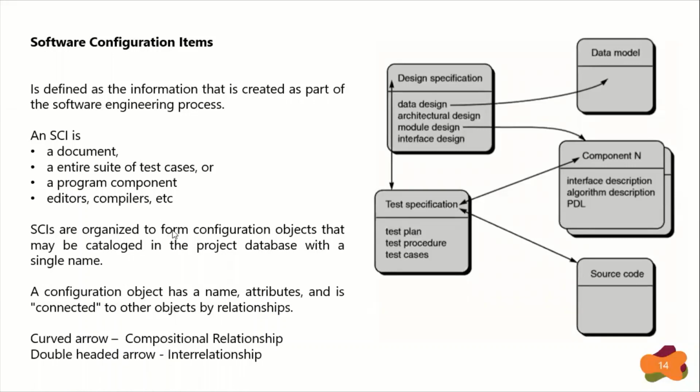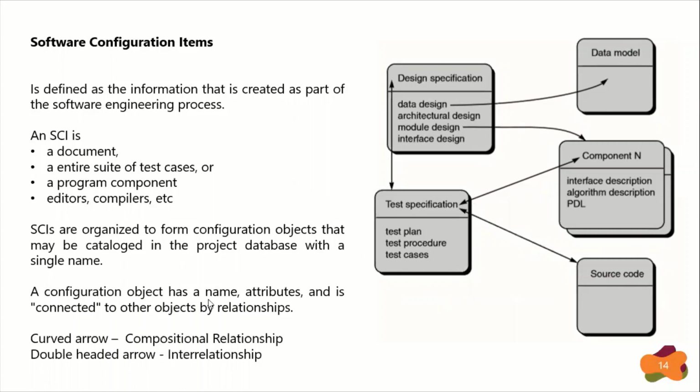SCIs are organized to form configuration objects that may be cataloged in a project database with a single name. So we have SCIs such as design specification or test specification, data model, components, and source code. As you can see here, it is a collection of multiple tasks. Here also the test specification is an SCI. It consists of multiple activities. Together we call it an object.